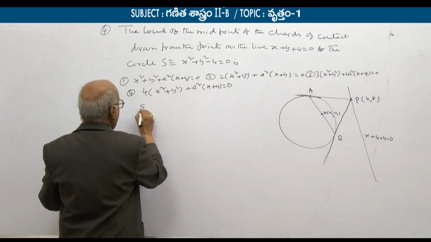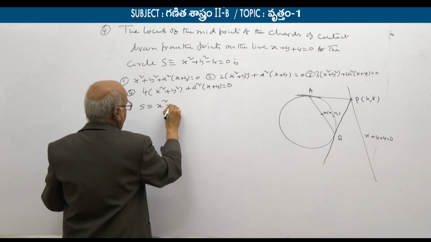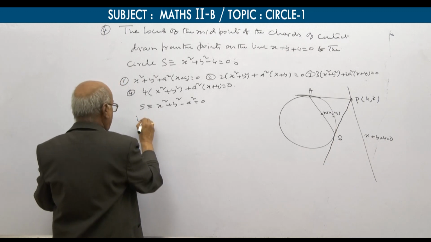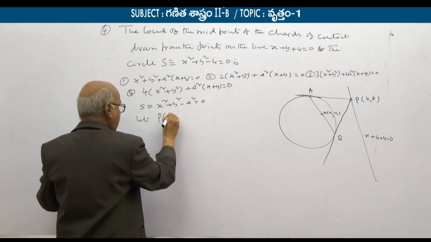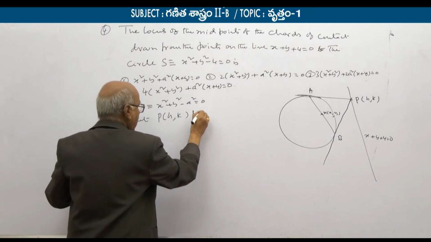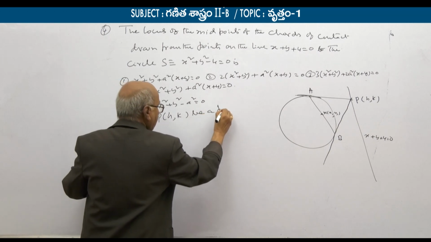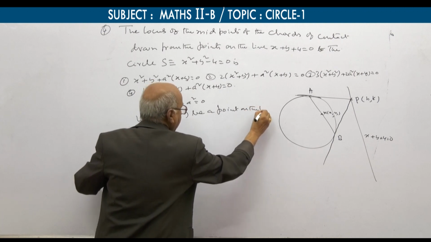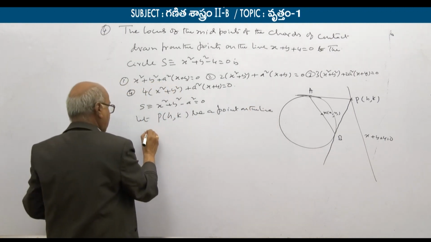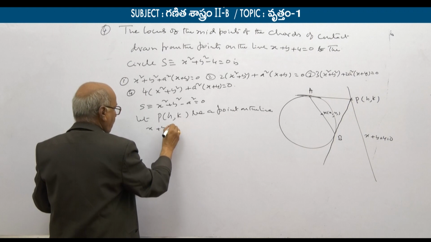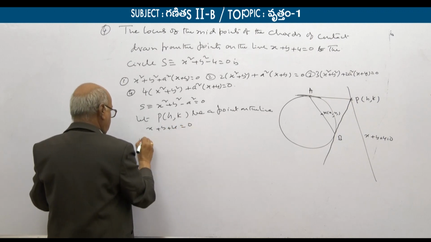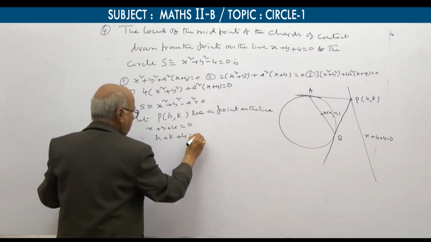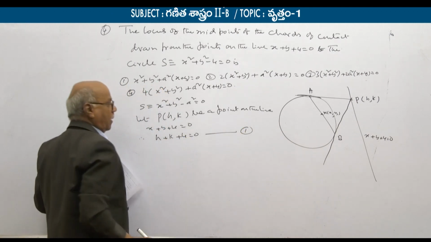So, S is equal to x square plus y square minus a square equal to 0. Let P h, k be a point on the line x plus y plus 4 equal to 0. So, therefore, h plus k plus 4 is equal to 0. Reference number 1.